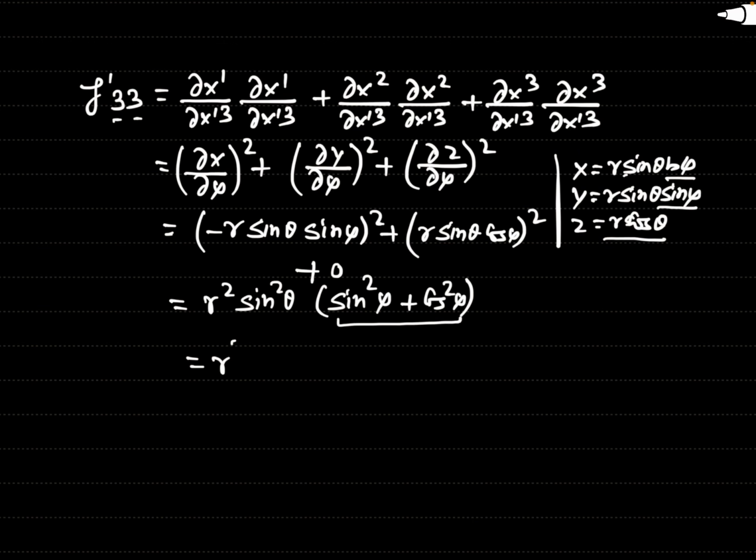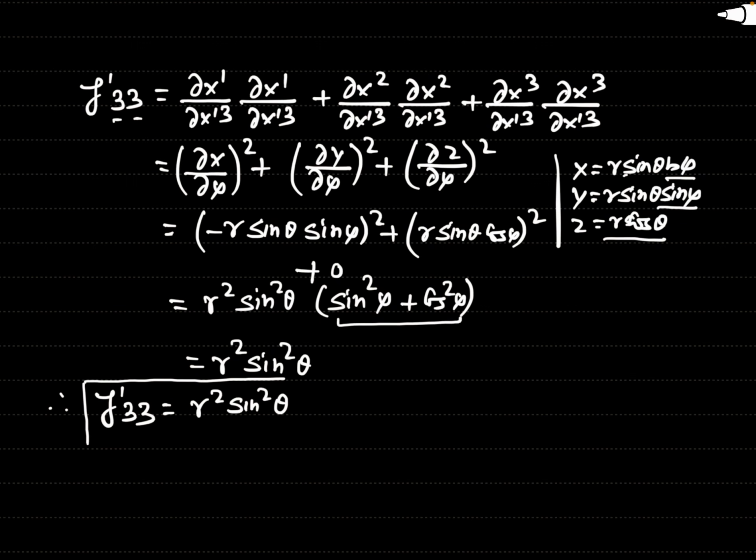So finally this is r squared sin squared theta, and therefore you can say g prime 3 3 is equal to r squared sin squared theta. So we have obtained the diagonal elements of the metric tensor in the spherical polar coordinate system.